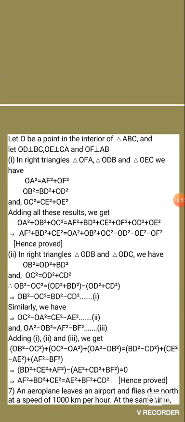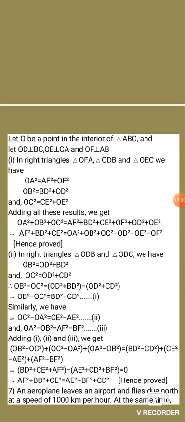In right triangles ODB and ODC, we have OB square is equal to OD square plus BD square and OC square is equal to OD square plus CD square. Now subtract. OB square minus OC square is equal to OD square plus BD square minus OD square plus CD square. Now OB square minus OC square is equal to BD square minus CD square. Put equation number 1.